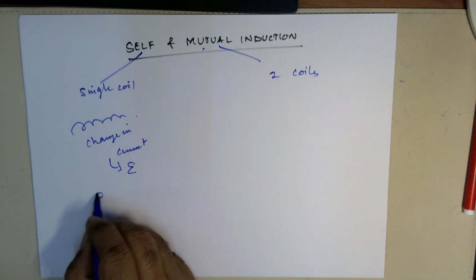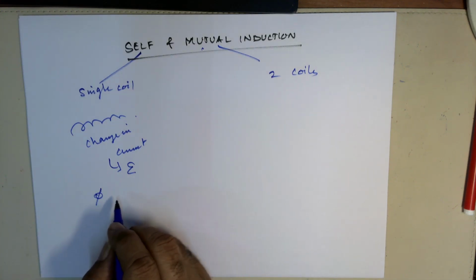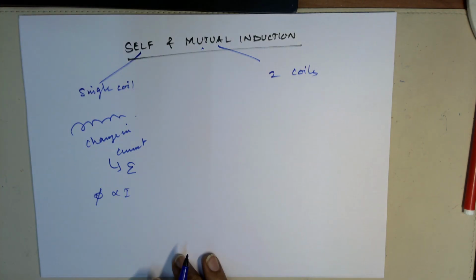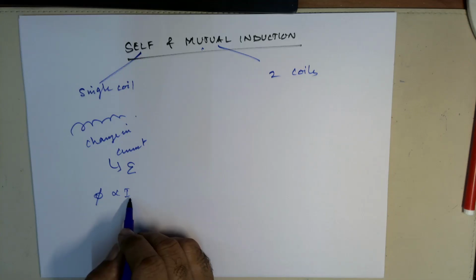So it means the magnetic flux here is dependent on the amount of current passed through the coil. So the flux is proportional to the current.